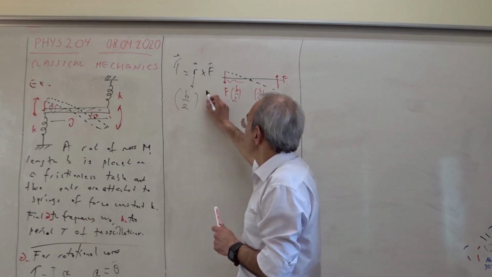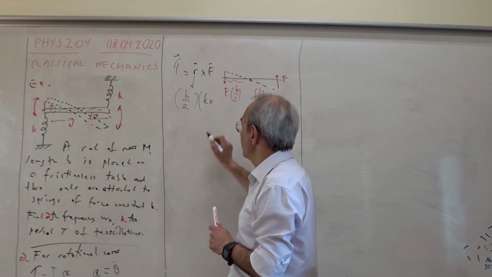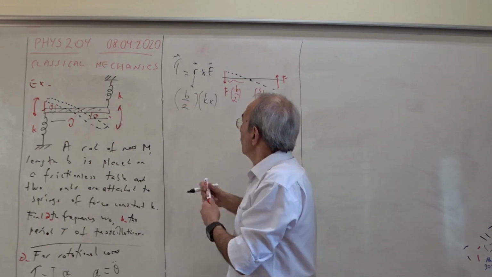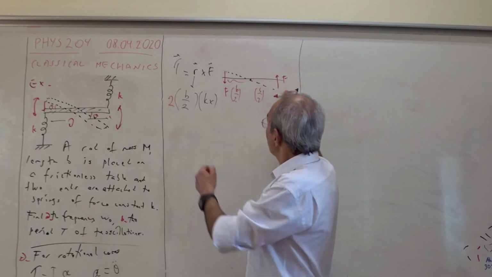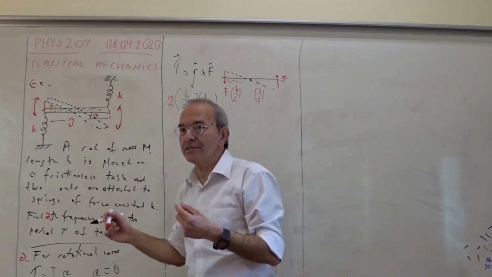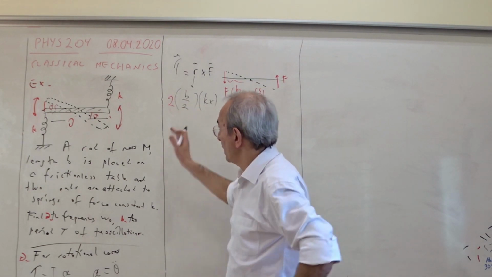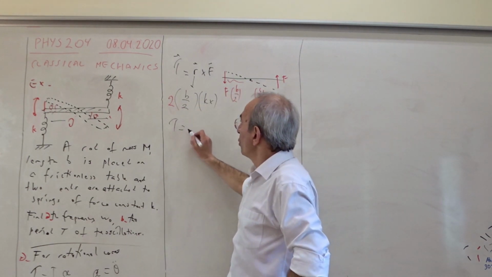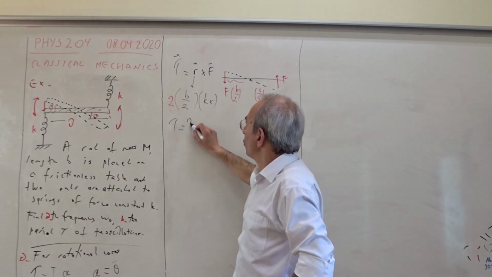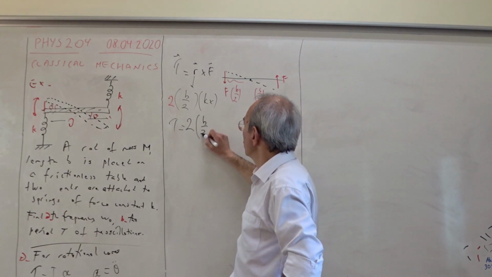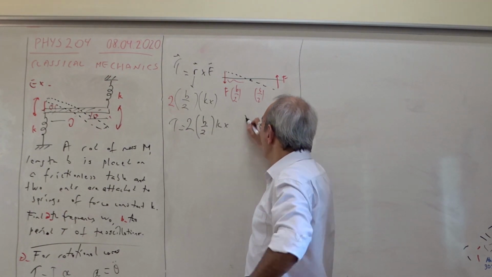F is now almost K times X. But there are two such terms because they both work in the same sense of rotation. So we have to add the two, or we multiply by 2 because they are identical. So total torque is twice B over 2, K and X. But what is X?